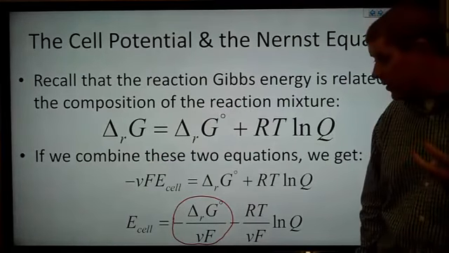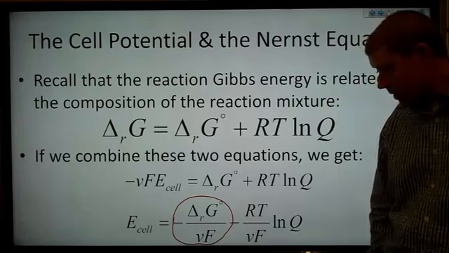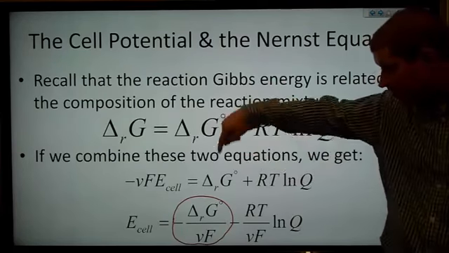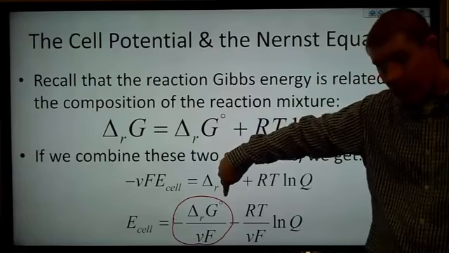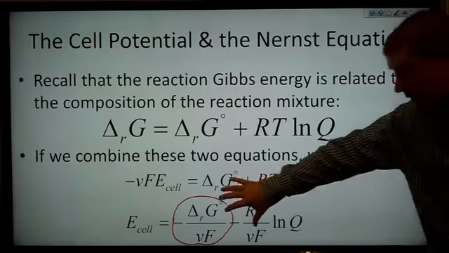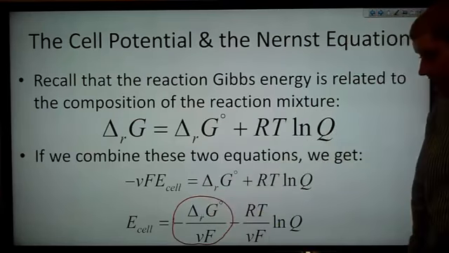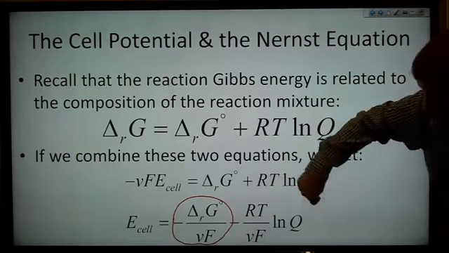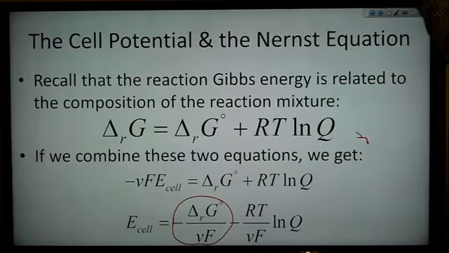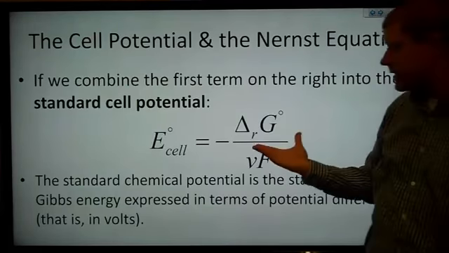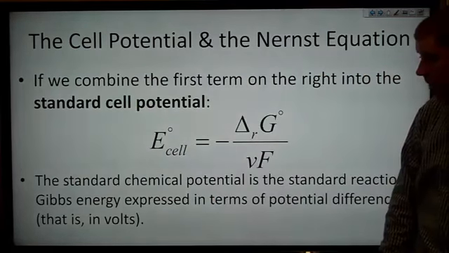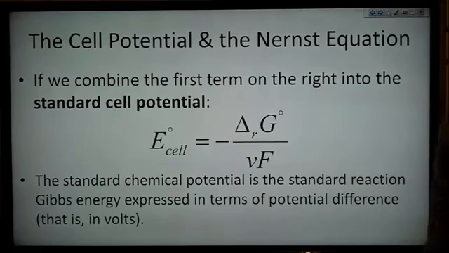Here we have ΔrG°, so we're combining that and dividing by νF. That's a constant. For any one reaction, that value doesn't change. Note that here the Q is going to change and the temperature may be changing, but this value doesn't change. And so we can combine that together into one quantity, and we're calling that our standard cell potential.